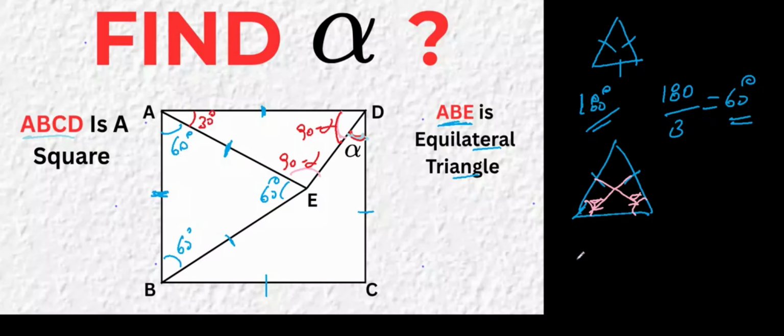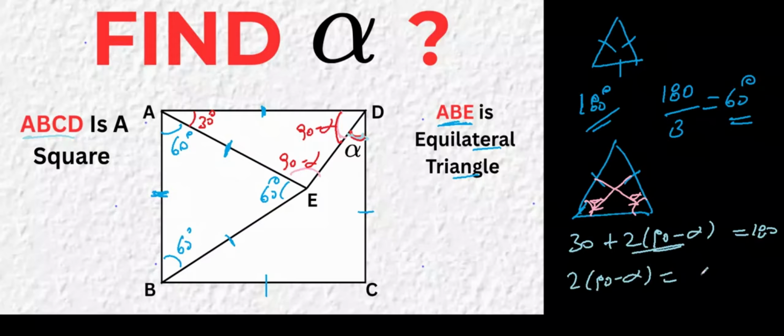From this, we can say this plus this will be 180 degrees. So 30 plus 2 times (90 minus alpha) equals 180 degrees, right? So 2 times (90 minus alpha) is equal to 150, because if you subtract 30 from 180, it will be 150.